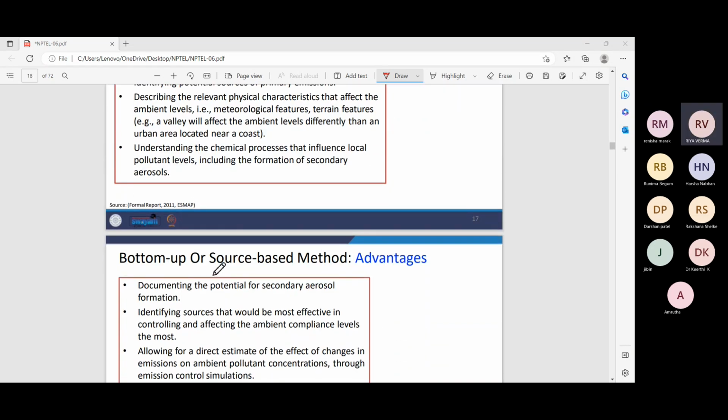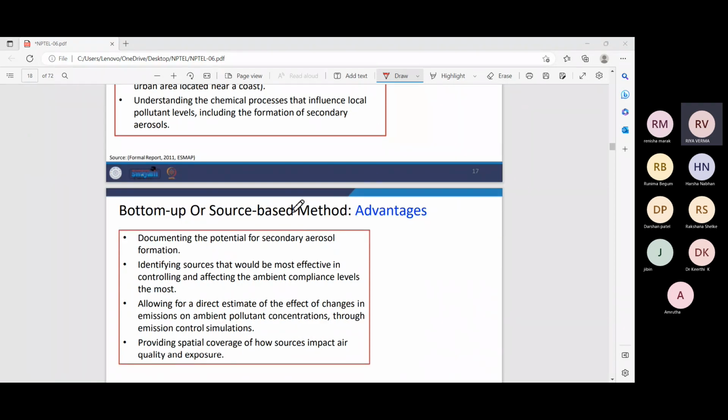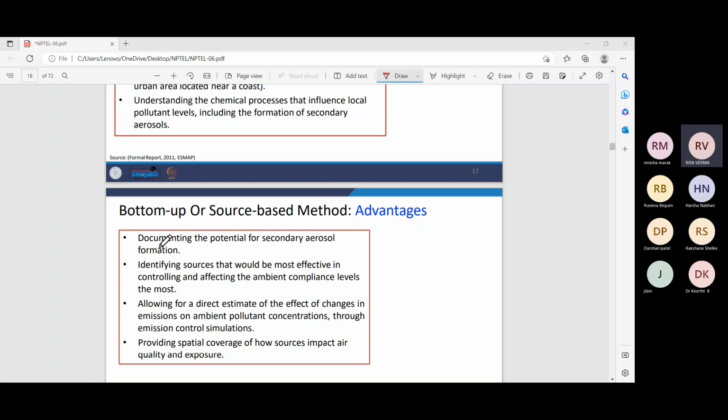Then we have more advantages of bottom-up or source-based methods. Documenting the potential for secondary aerosol formation, as explained before. Then you'll be able to identify the sources that would be most effective in controlling and affecting the ambient levels the most.